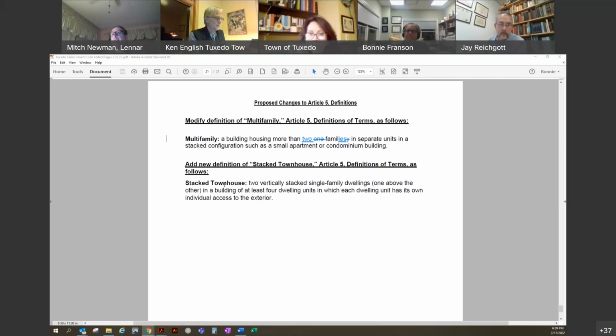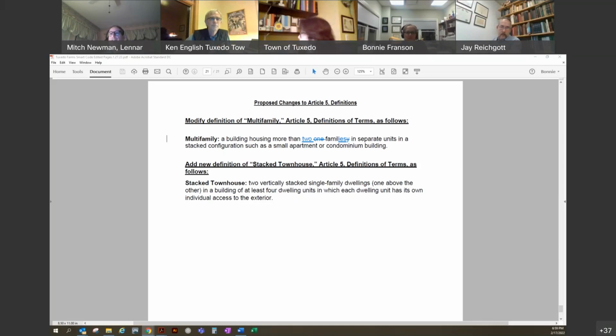This is a perfect question because we have a specific intent, but it wasn't obvious when you look at it. The problem was the stacked townhomes, which we looked at at the last meeting because they're somewhat unique, with separate doors but on top of each other. The stacked townhomes were falling under the multifamily definition, which was creating all kinds of zoning problems and bulk standard problems. So how do we pull the stacked townhome out of the multifamily?